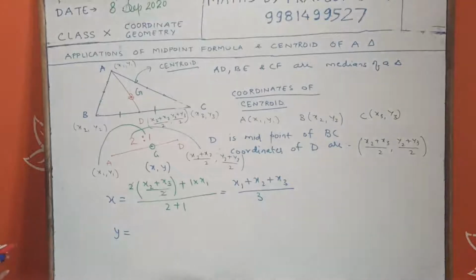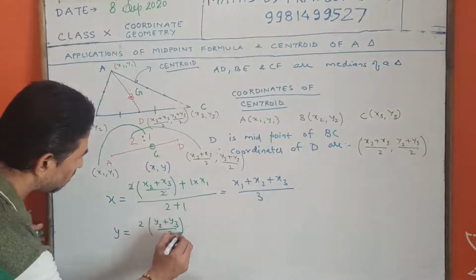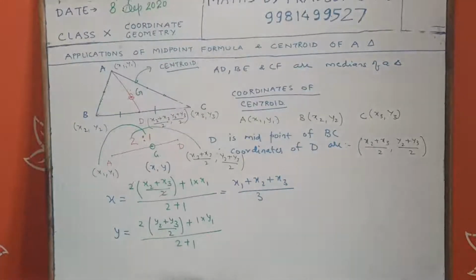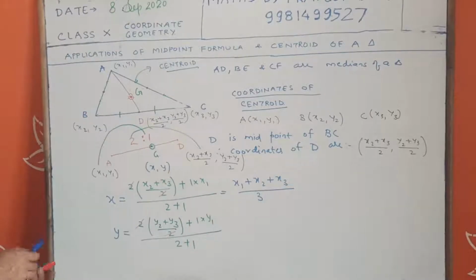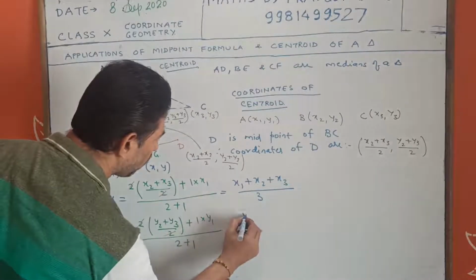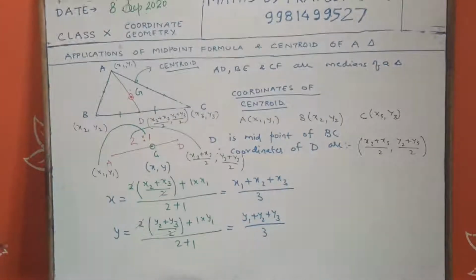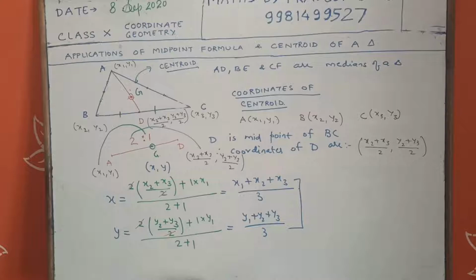Similarly, y is equal to 2 into y2 plus y3 upon 2 plus 1 into y1 upon 2 plus 1. So again 2 cancel here. So here we get y is equal to y1 plus y2 plus y3 upon 3. So these are the coordinates of centroid of a triangle. This is the formula to find out the coordinates of centroid of a triangle, students.